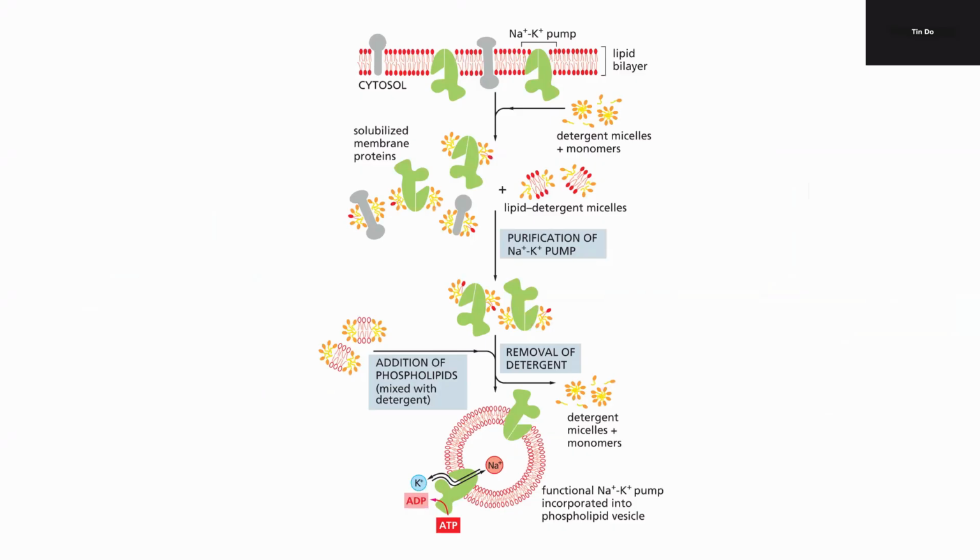Again, I'm not going to be too involved with this slide, but you need to know it slightly when we are purifying our protein of interest. This is like a review of chapter 8. Instead of using column chromatography, we can use detergents to purify our proteins.